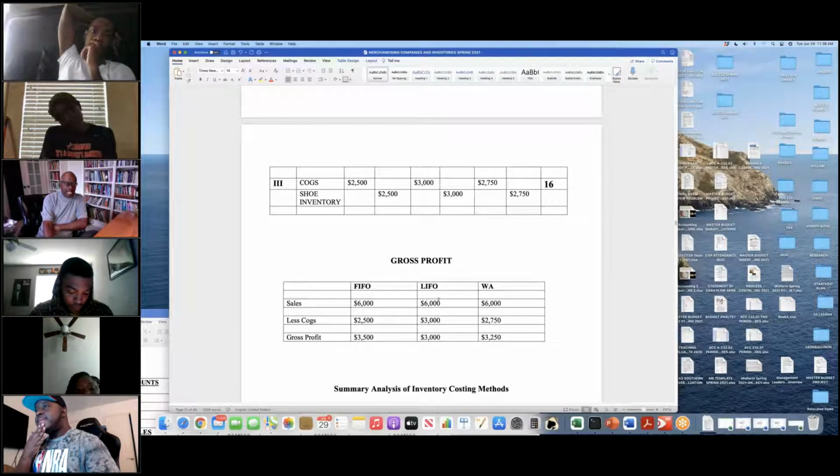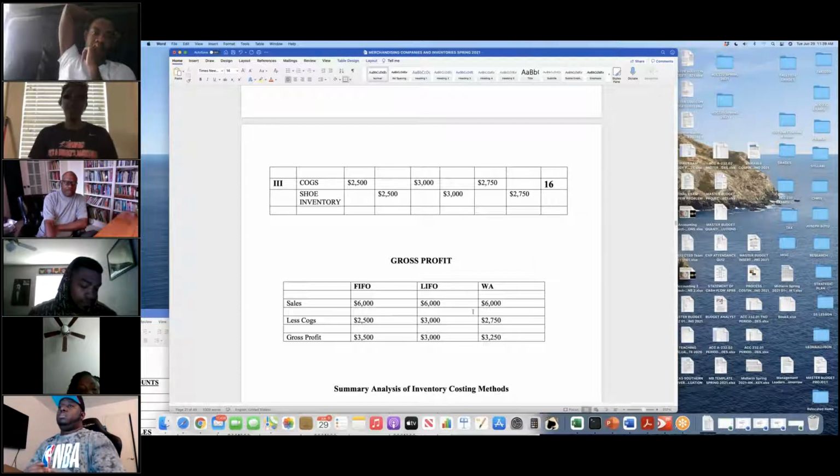But when we did it for LIFO, sales the same, cost of goods sold is 3,000, and so the gross profit was 3,000. So depending on how we cost the items, sales stays the same, the cost of goods sold and gross profit changes.